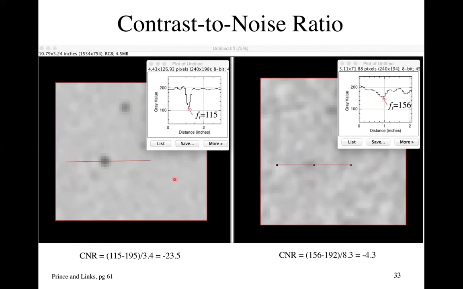So contrast to noise is a really nice, simple number to give somebody when, say, you want to do a segmentation task and you're segmenting a tumor in a background of normal gray matter in the brain. And you say, okay, do you think we're going to be able to segment that thing fairly automatically? You can say something like, I think so, because the contrast to noise is 10.